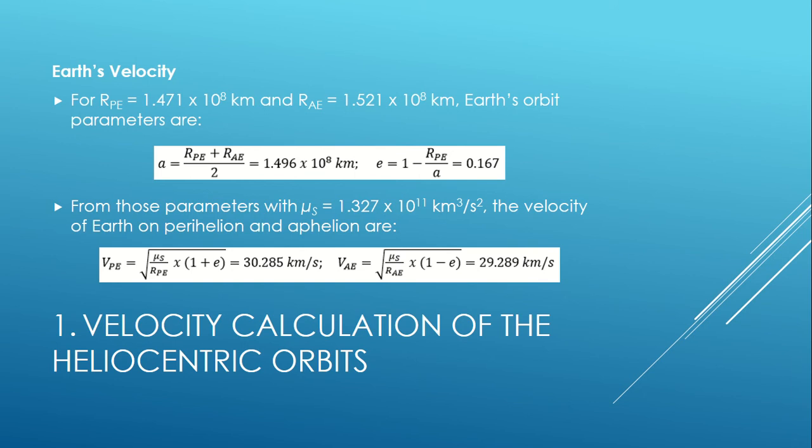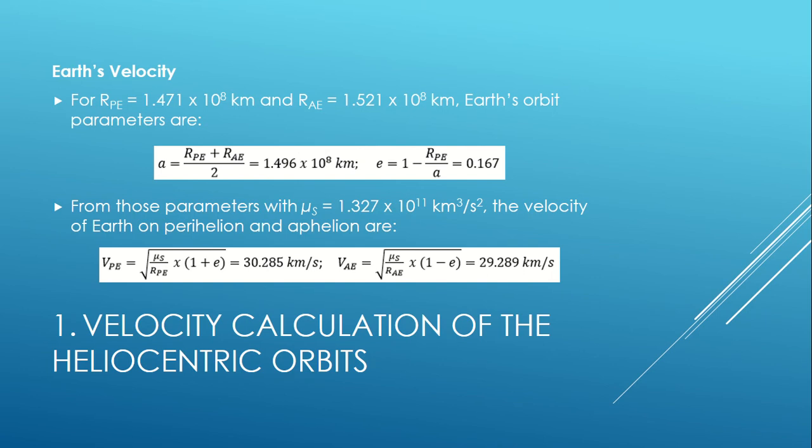In the first step, we need to calculate the velocity of the heliocentric orbits, which are Earth and Jupiter. Also the calculation for the transfer orbit itself.